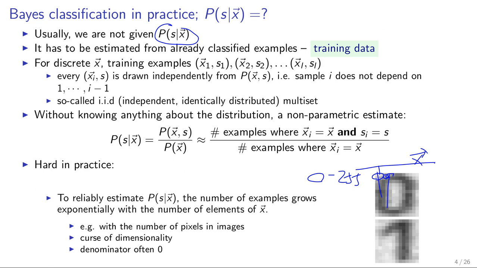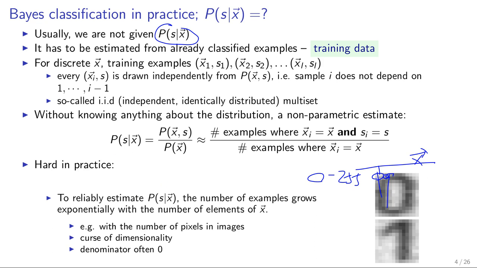So this would be the examples where all the features have particular values and the class is a particular one. And then you normalize it by the examples where this is the case. So this would be this kind of frequency, the joint distribution over the number of times that you have seen this picture, and you do this for every class.